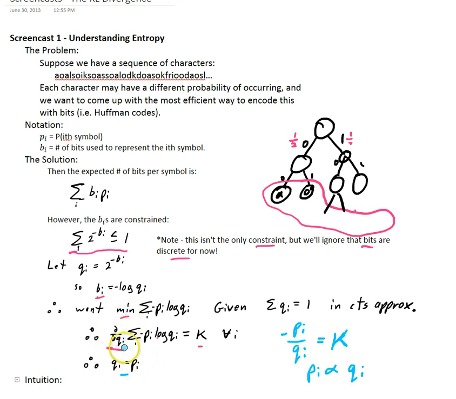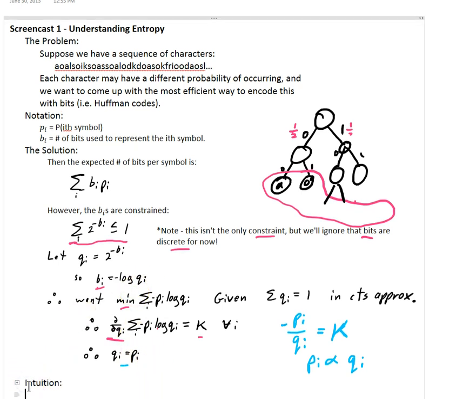Cool. So we figured out the Qi, and therefore the number of bits is just going to be equal to minus the log of Pi, because Qi is Pi, right? So I want to write that in.